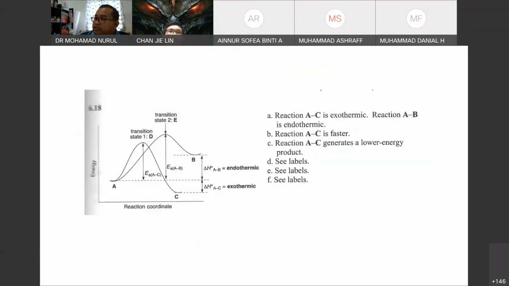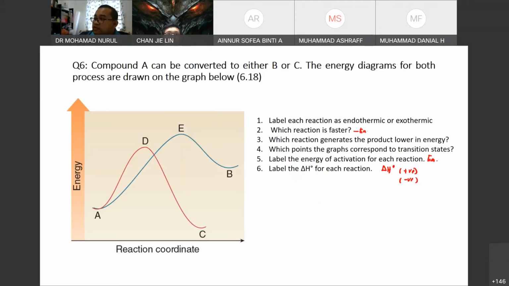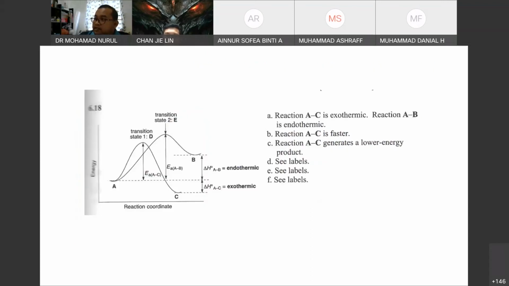Faster reactions, you have to see the activation energy values. To make it easy, you have to make a dash line. Using a dash line, it's easy for you because you can see the difference between products and also starting materials. Okay, for the D, what do they ask? Which point of the graph corresponds to transition state is the D and E's transition state.